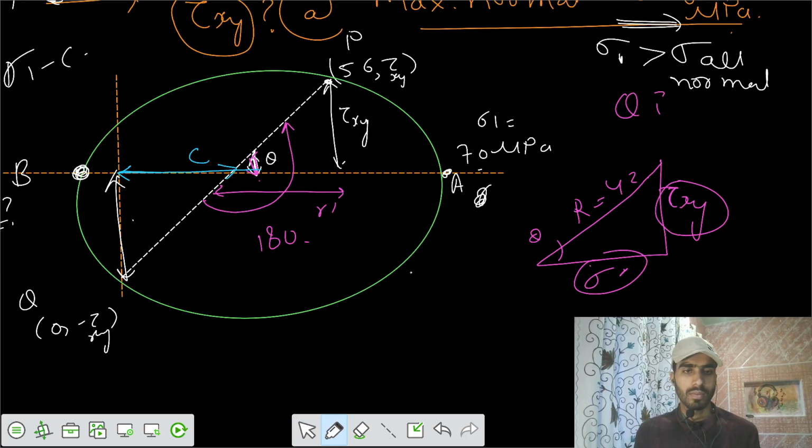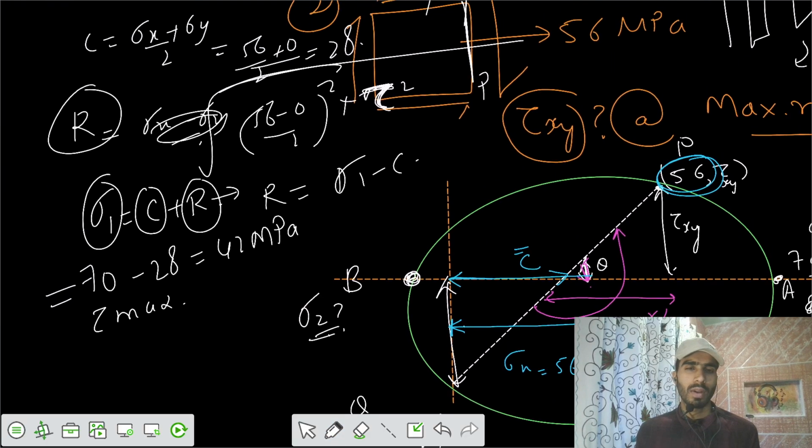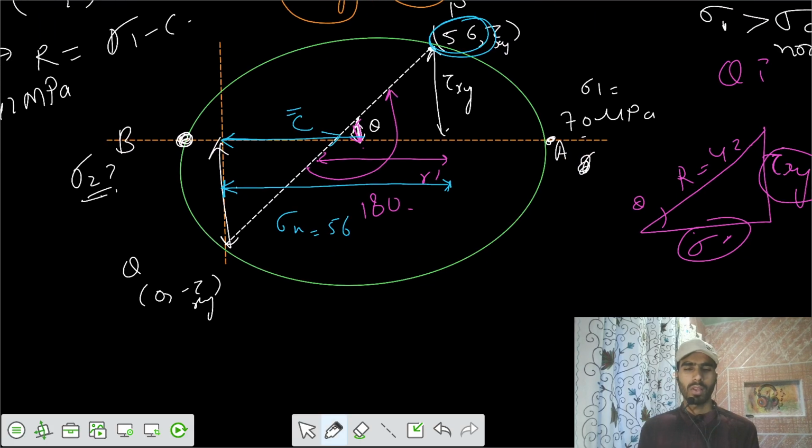This is the center, and from the origin we have this part that's called sigma x, which equals 56. This is 56, and we know the center value was 26. So your center was 28. I have sigma x. That means the difference of 28 is sigma dash.